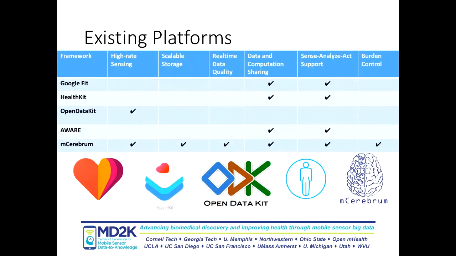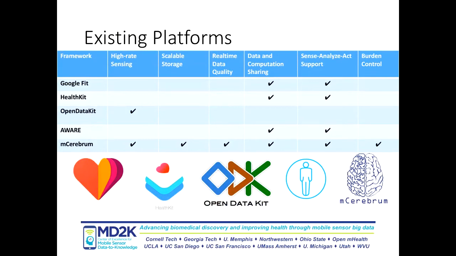We investigated several existing platforms to fulfill our previously mentioned 9 key requirements and capabilities. Among them, Google Fit and HealthKit mainly target a consumer audience, which is different from ours, collecting high-frequency data for research purposes. These two platforms are suitable for low-frequency data such as step count, blood pressure, or calorie count.